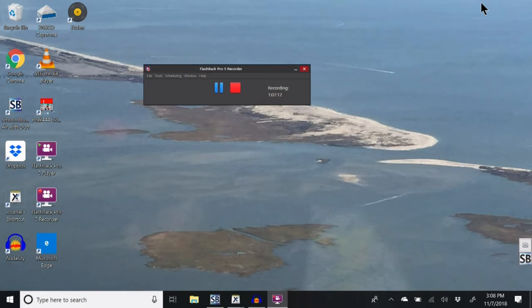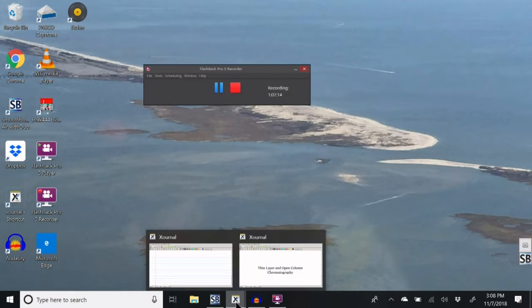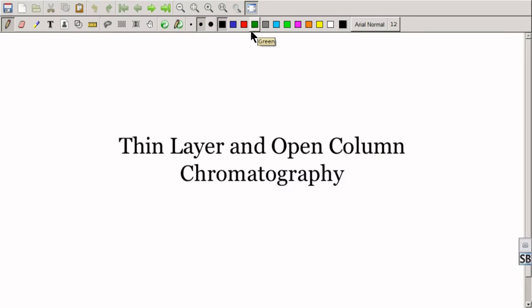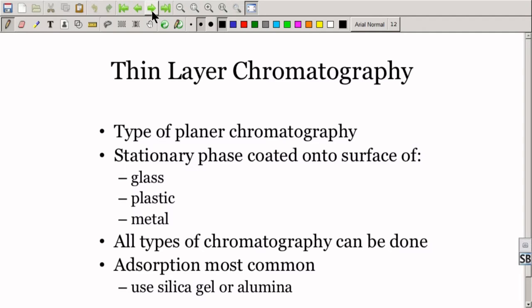Let's spend a little bit more time with thin layer chromatography. These are some slides that Dr. Yarmchuk put together on thin layer chromatography and open column chromatography. I'm going to cherry pick them, but there are some things in here that are useful. So if you want to take a look at them, please feel free. Also, again, I would recommend you spend some time with the chapter in the book.